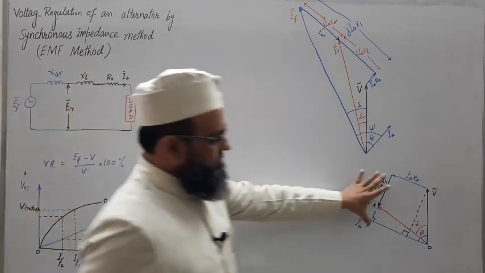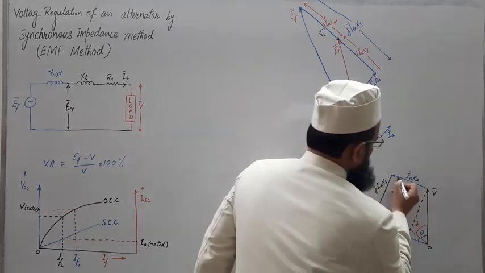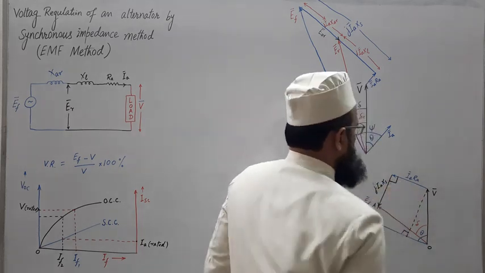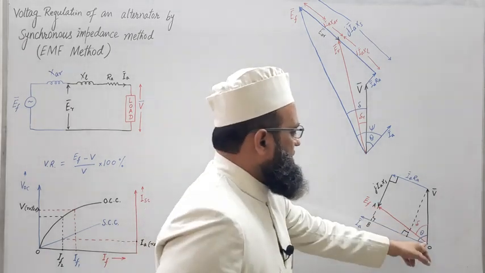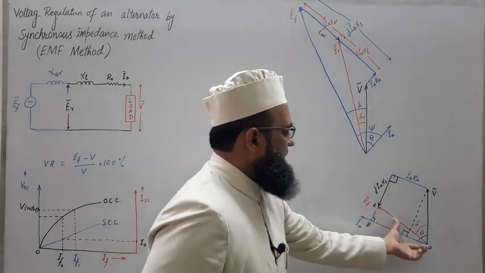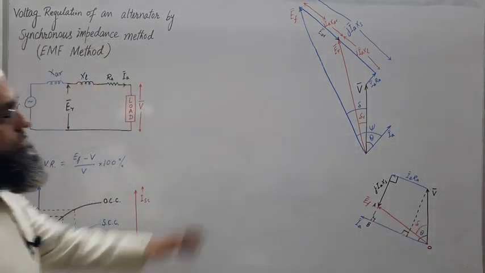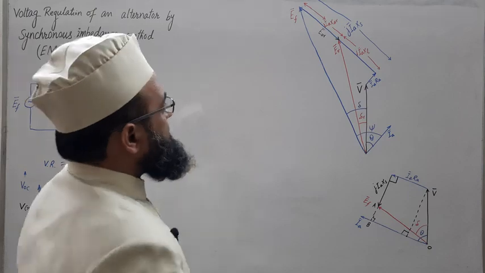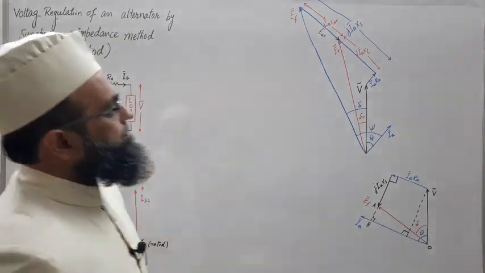Similarly, for this, V plus IA RA plus j IA XS, this is perpendicular to this, and we will get this phasor EF, represented by the red phasor, the red line, right? That is the resultant EF. Fine. So from here, first we will write the formula for obtaining EF, the magnitude.